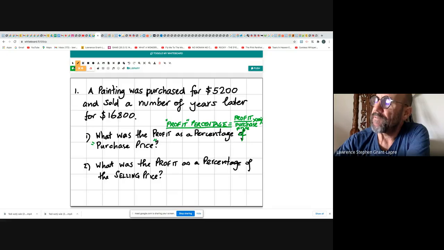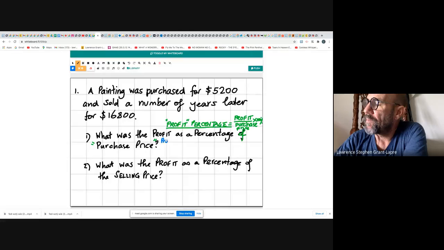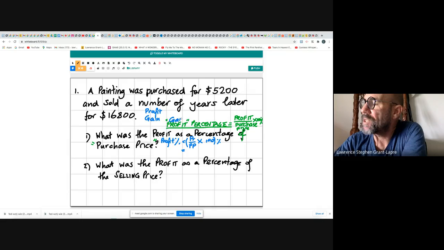So let's use that formula. So the profit as a percent will equal the profit divided by the purchase price times by 100%. I'm going to put these three numbers in a bracket. What was the profit? Well, you have to work out the profit, and in this case, the gain, it could be the word gain, in which case we're looking at the gain percentage.